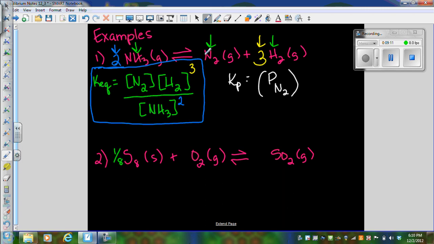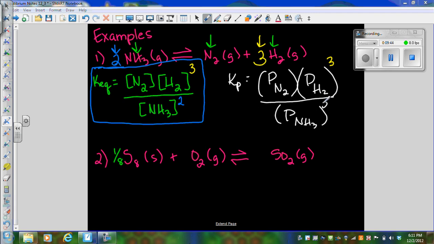I'm not giving this a power because it has a coefficient of 1, so 1 is just itself, times the pressure of hydrogen raised to the 3rd power because it has a coefficient of 3, divided by ammonia gas, which will have a pressure, and then I need to raise that to the 2nd power, because it has a coefficient of 2.